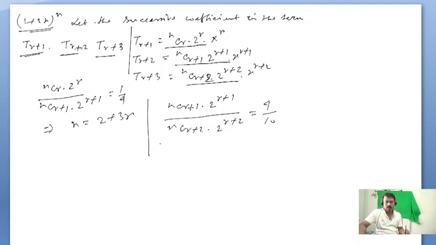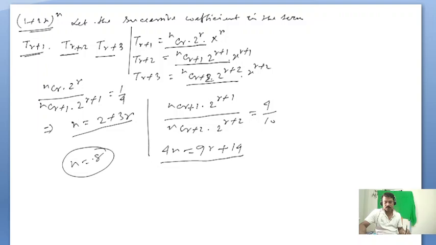So here 4n equals to 9r plus 14. After calculating these two equations, we get here n equals to 8. This is the answer.